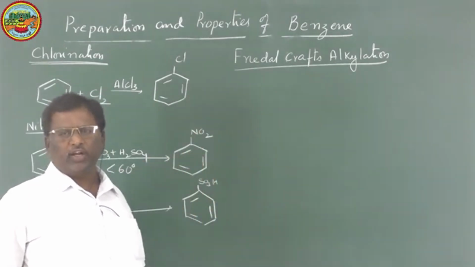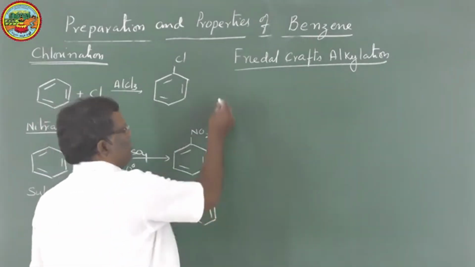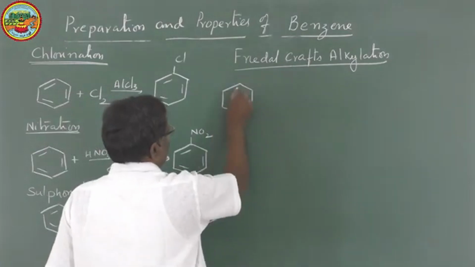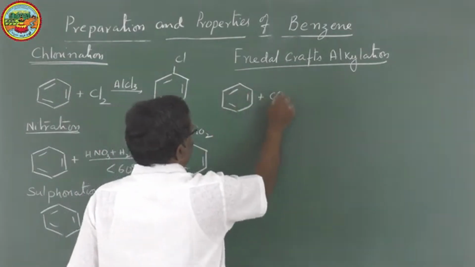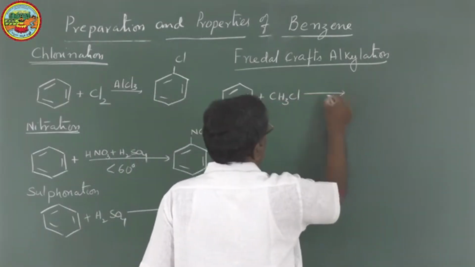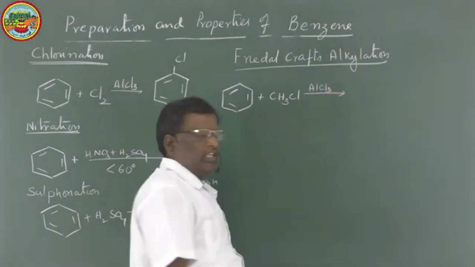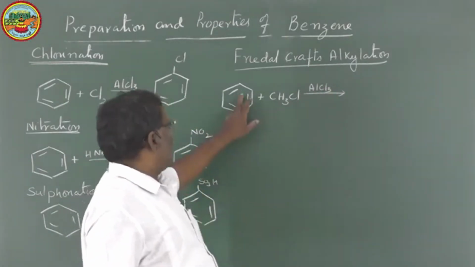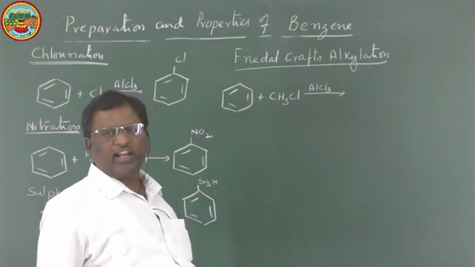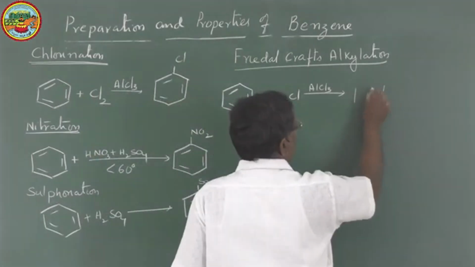This reaction is called Friedel-Crafts alkylation. When benzene is treated with methyl chloride in the presence of Lewis acids like AlCl3 or FeCl3, an alkyl group is substituted here, so that we get toluene.